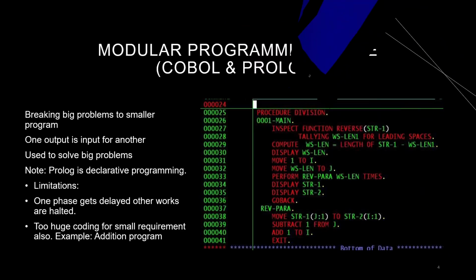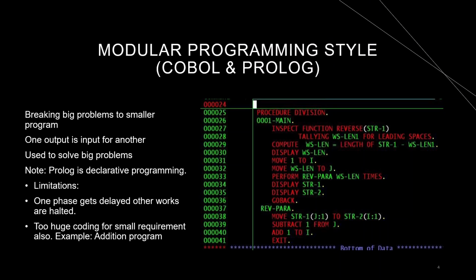Then, after some improvement, came the modular programming style, with examples like COBOL and PROLOG. Here a bigger problem is broken down into smaller pieces and assigned to different teams, who solve each task and combine them to solve the bigger problem.